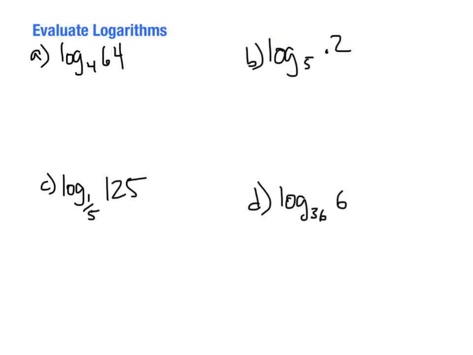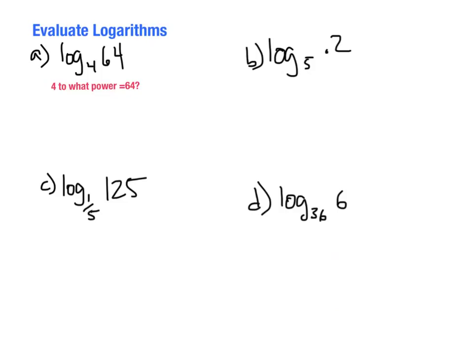Now, to evaluate logarithms, it's best to imagine it says equals x, and you're just solving for x. These don't just say equal x, but if they did, you would think 4 to what power equals 64? Whenever you're looking at this, you just got to think, 4 to what power gives me 64? Well, 4 to the third power equals 64.